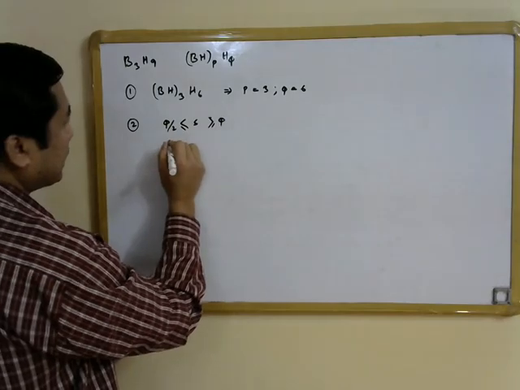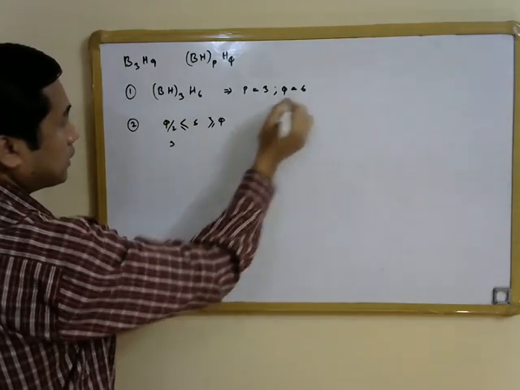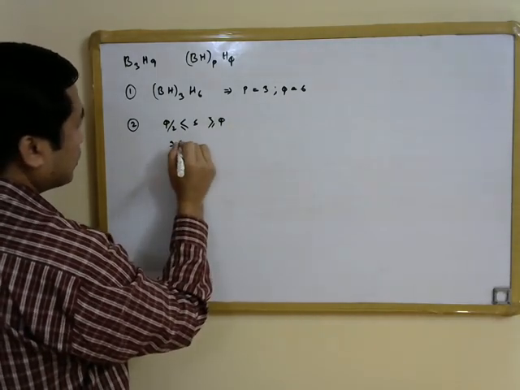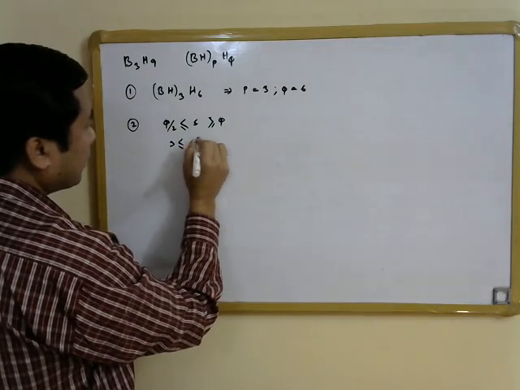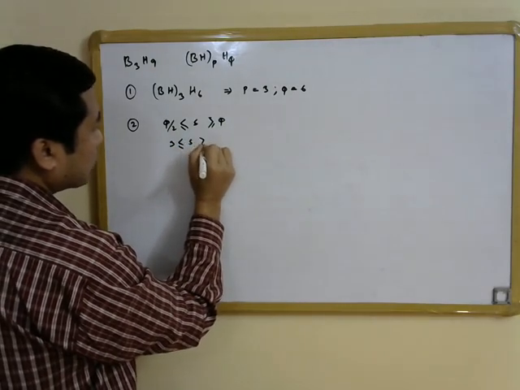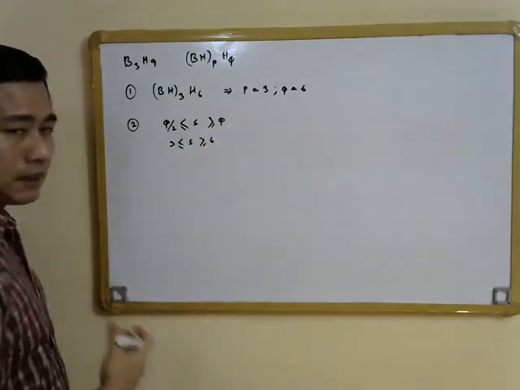So for this B3H9, P is equal to 3 and the value of q is equal to 6. So S has to be greater than or equal to 3 and smaller than or equal to 6.